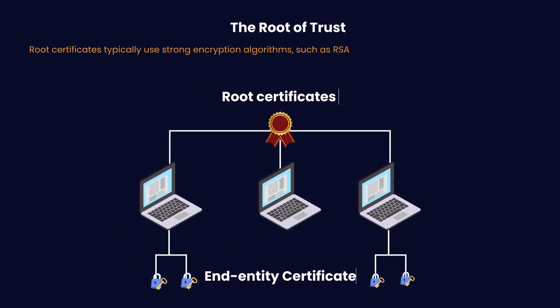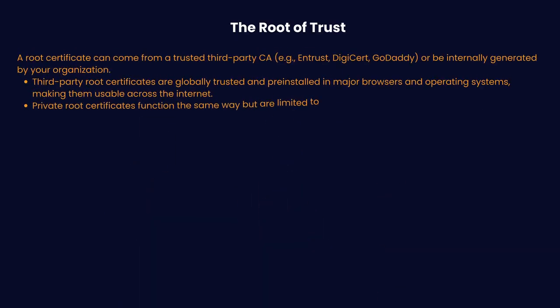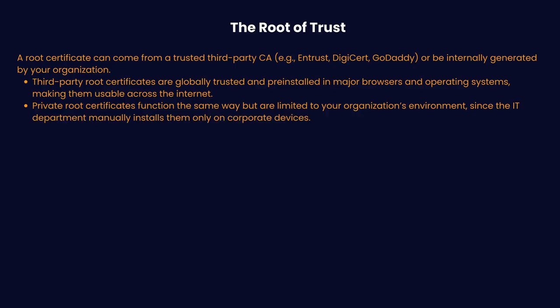Root certs use strong encryption, usually RSA 2048 or 4096 bit key, or ECC equivalent. The subject line of the cert will often look like company root CA or something similar. Once installed in your system, that root lets your computer trust anything signed by that CA. One thing to note, a root cert can be a major third-party organization like Entrust, DigiCert, or GoDaddy.